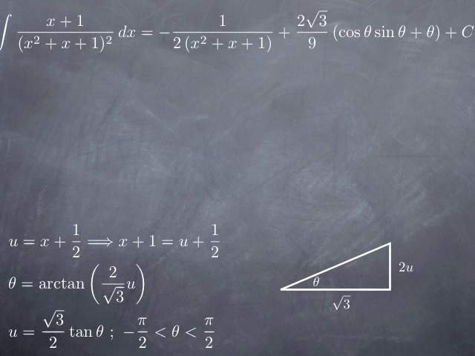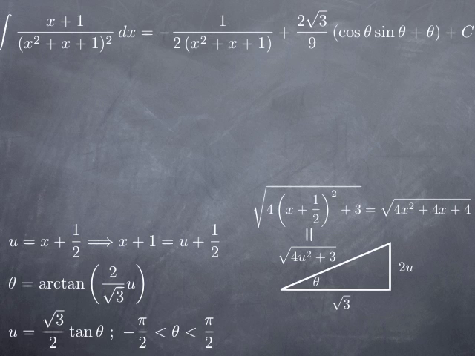Using the Pythagorean theorem, we see that the missing side would be root of 4u squared plus 3, but u was really just x plus 1/2, so we can replace u squared by x plus 1/2 squared, and multiplying things through here we obtain root of 4x squared plus 4x plus 4 for the hypotenuse.